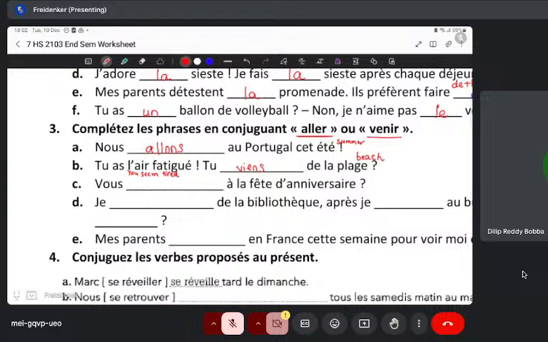So how would you say that? Going means you have to conjugate aller, right? So, vous allez. You are going to the birthday party. Question mark. So, are you going to the birthday party? Very much disputable. Only very few disputable questions will appear in the paper, so you don't have to worry.